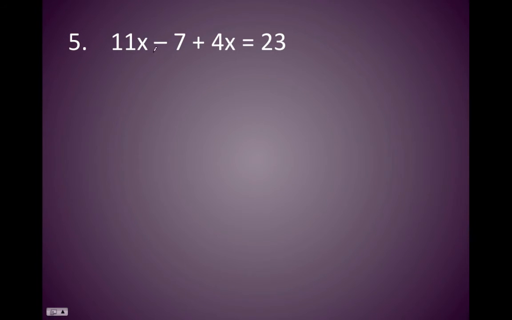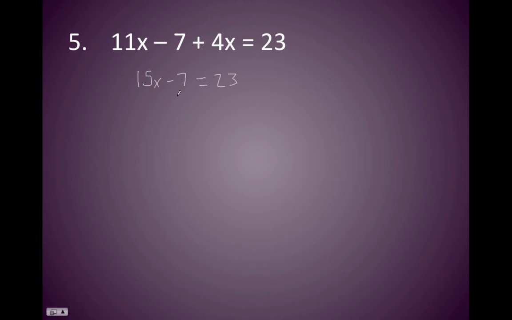These can all be moved around however we want. We can reorder them. So we're just going to take the 11x that's positive and add it to the 4x that's also positive. That means there's a total of 15x's on this side. Then we've got this minus 7 equals 23. So that's combining like terms.